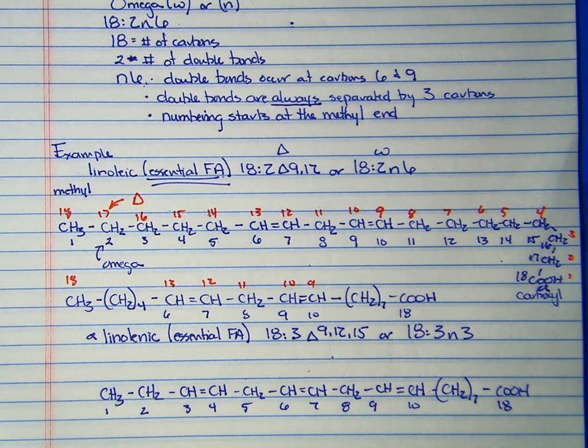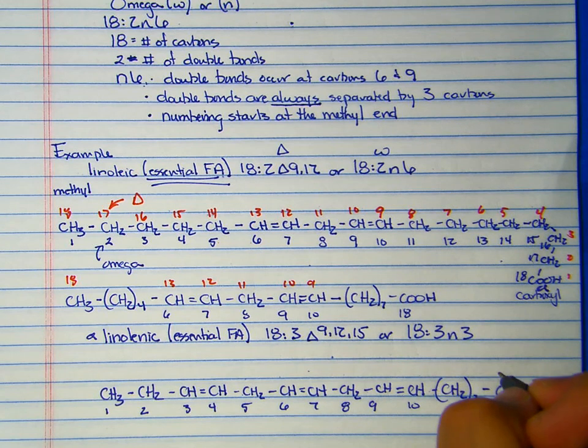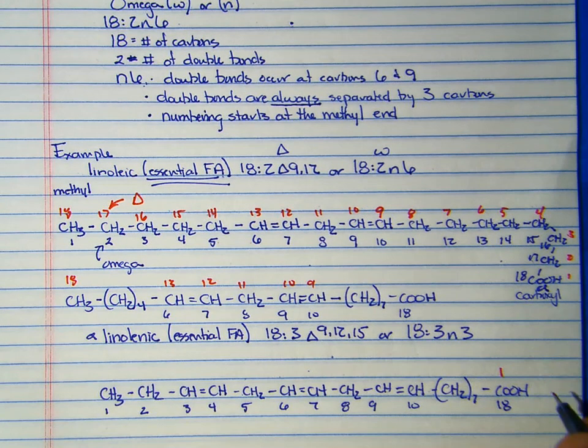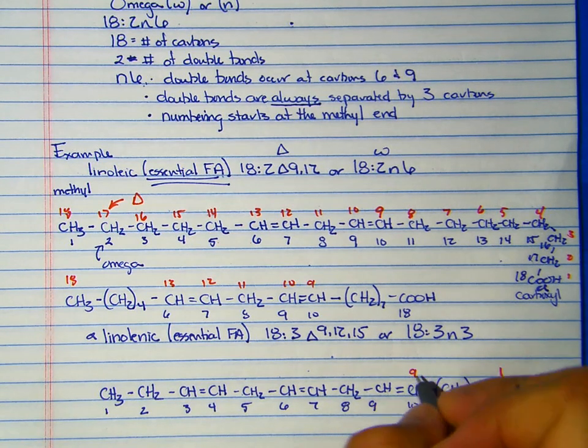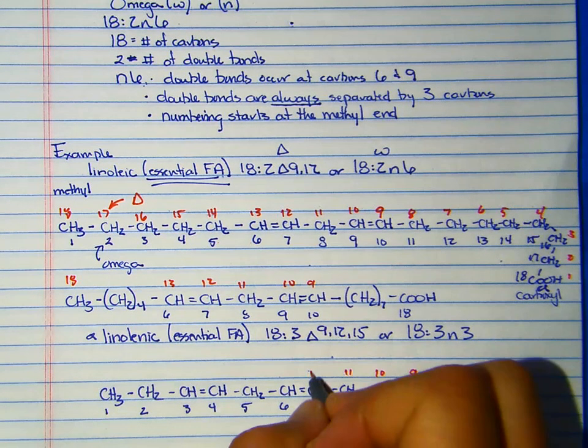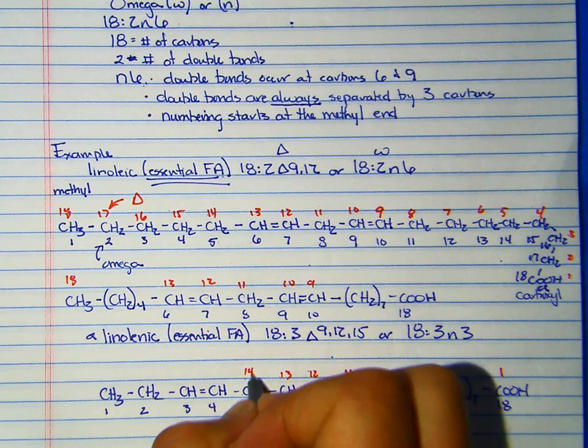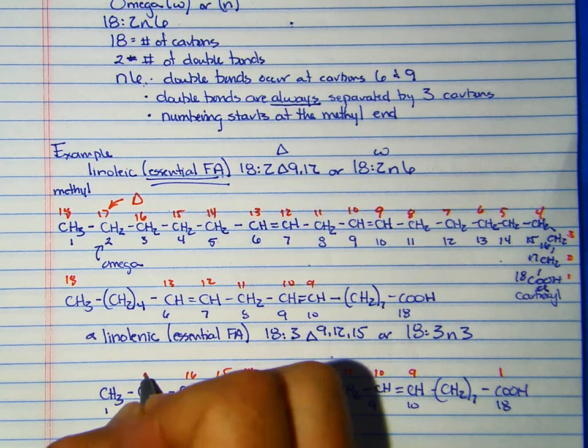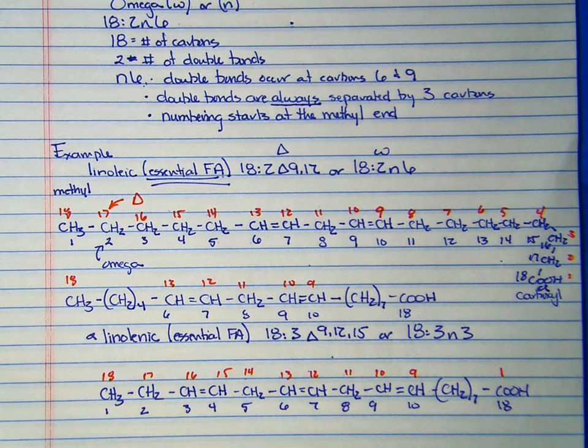If we want a number using the delta system, this is 1. So this is 9, 10, 11, 12, 13, 14, 15, 16, 17, 18. So those are the essential fatty acids, alpha-linolenic and linoleic acids.